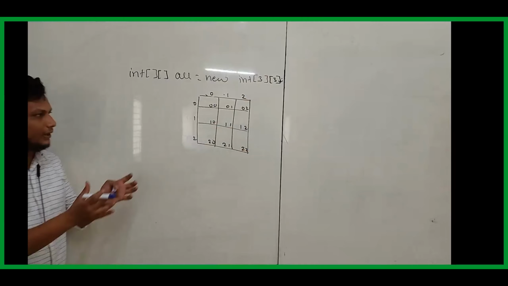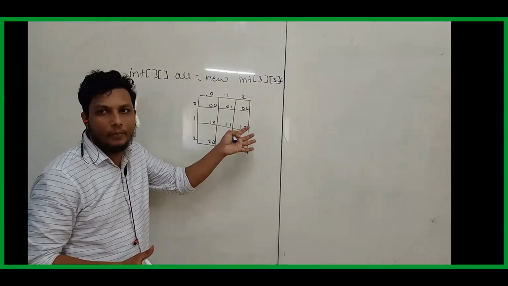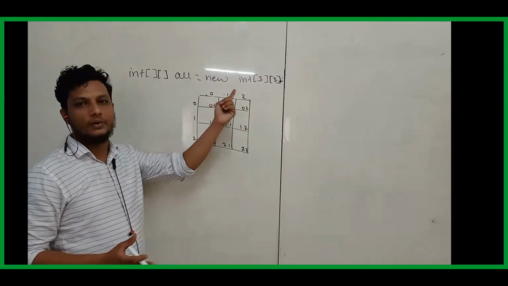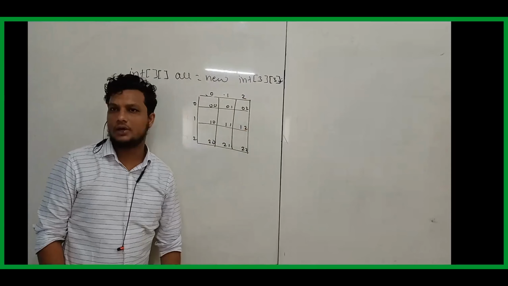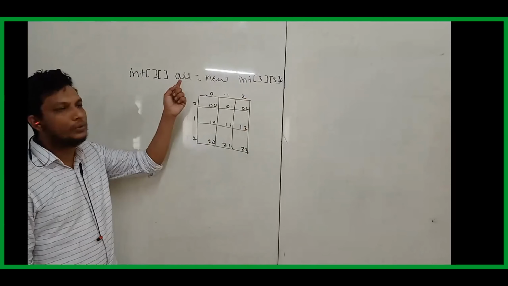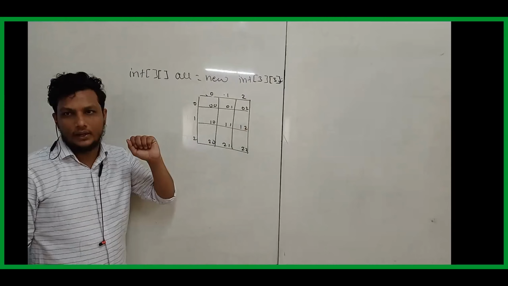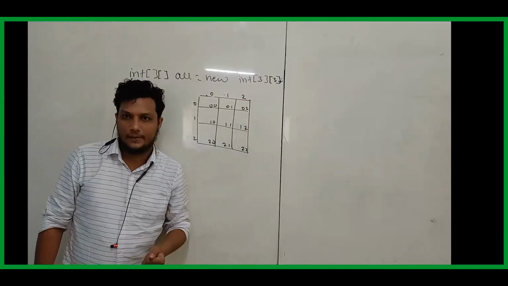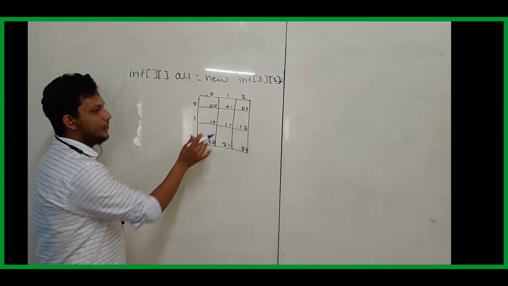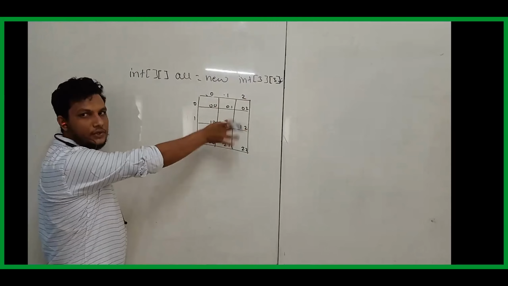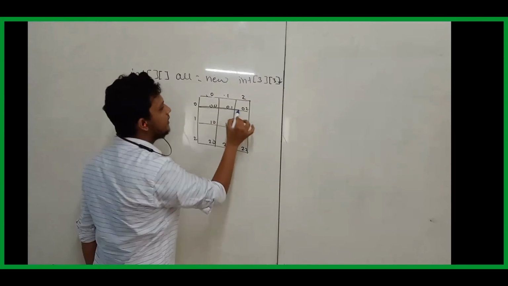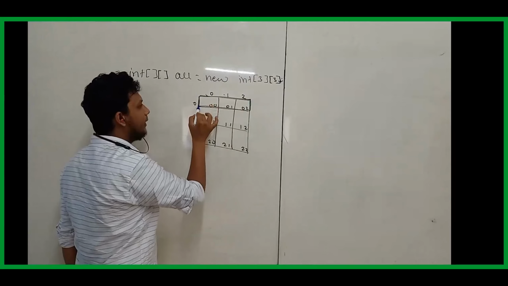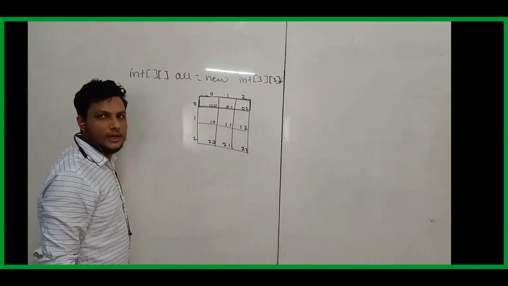Now we'll try to store the data in this format. To do that, we'll make use of a two-dimensional array. How to create a two-dimensional array? In this format. Now, to store the data, forget about the below two lines. If you take only this particular row, it is a one-dimensional array.